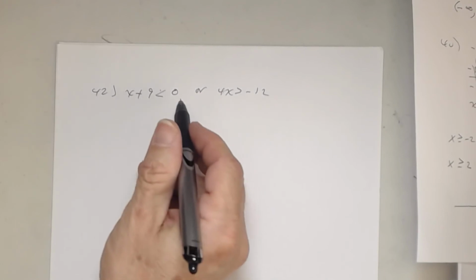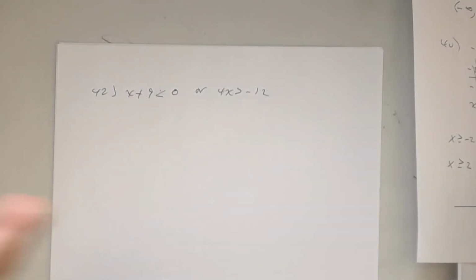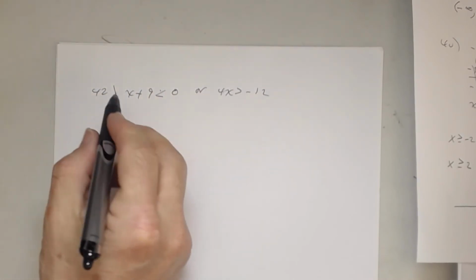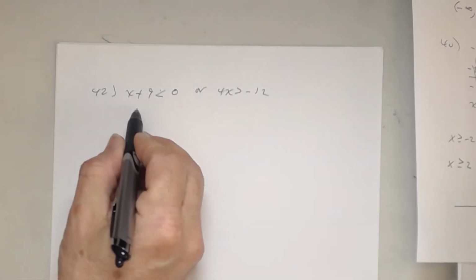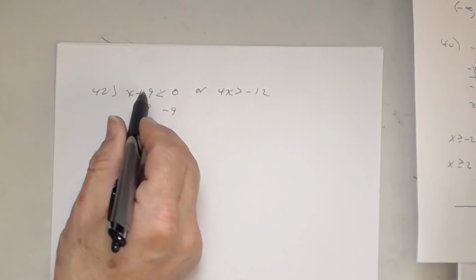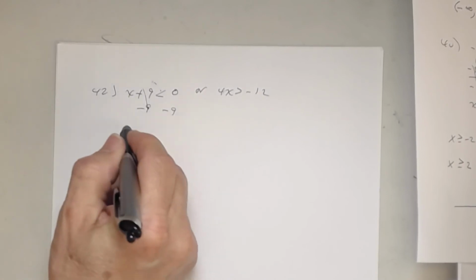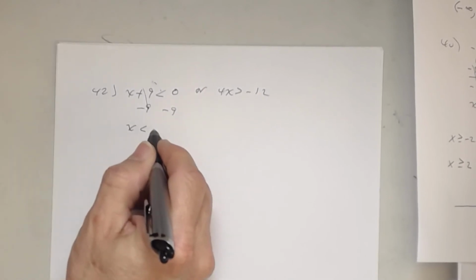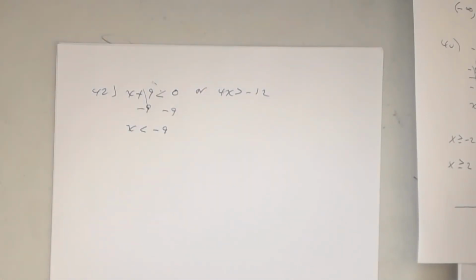Remember, this is a compound inequality with the word or, so anything that's shaded is going to be a solution. Here you're going to subtract 9. So the solution to that first inequality would be any number that's less than negative 9. In fact, since this is an OR statement, any number less than negative 9 is the solution to this compound inequality because it satisfies this one.